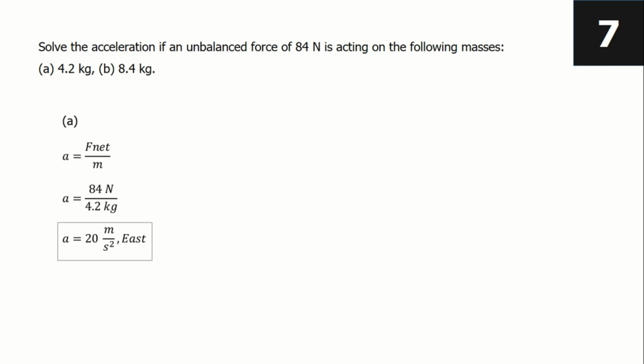Newtons divided by kilogram gives a resulting unit of meter per second squared. 84 divided by 4.2 is 20. Again, let's assume it's to the east. And for the second case, doing the same process, but this time dividing the force 84 newtons by a larger mass, 8.4 kilogram, what you get is half of the first acceleration, half of 20, or 10 meters per second squared east.